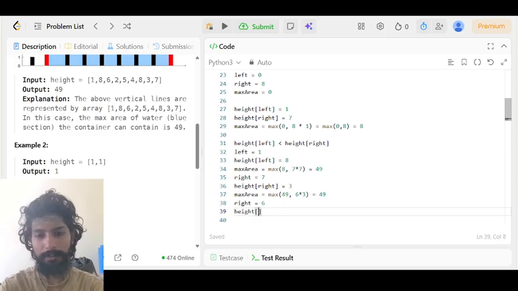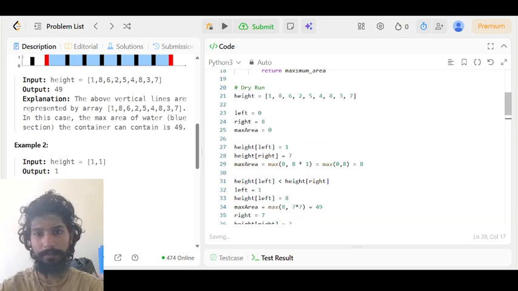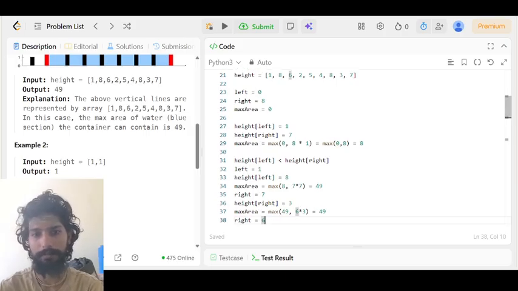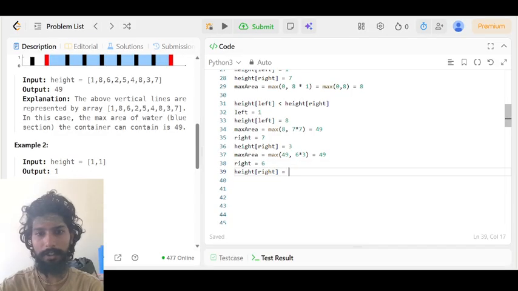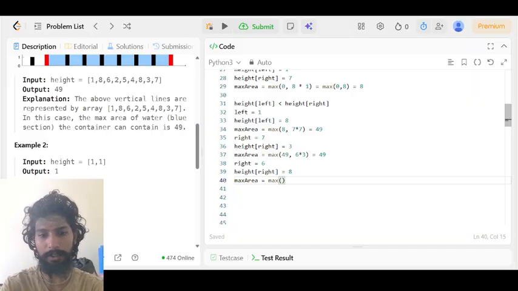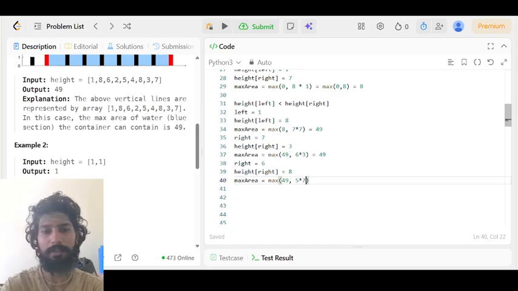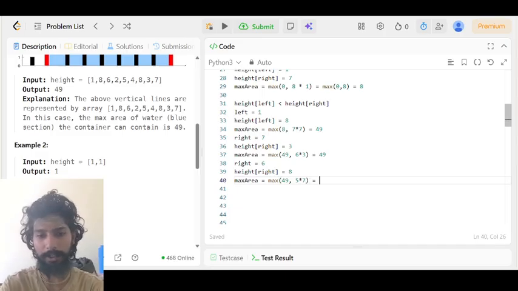Height of right is equal to 8. Then max area will become max of 49 comma. The distance is now 5 and the lesser height is 7. 5 into 7 equals 35. So that is lesser than 49, so it will remain as 49.